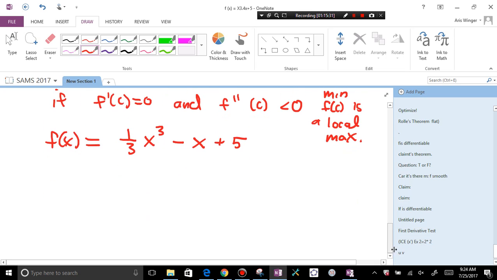Here's the full blown out, roughly question I'll ask. For this function, find where f is increasing and decreasing.